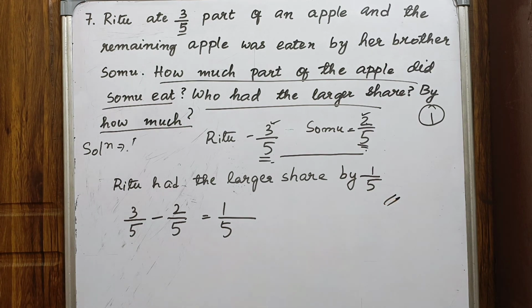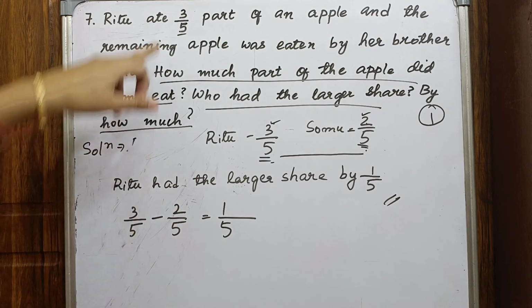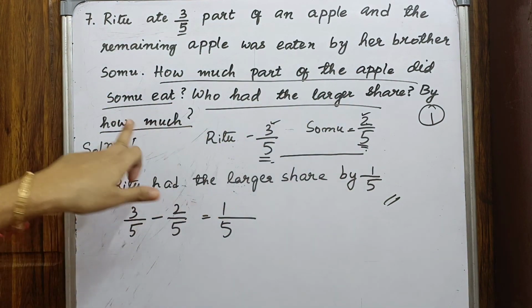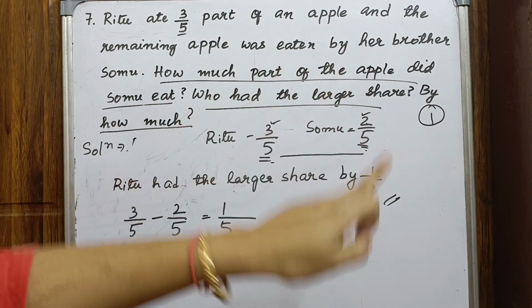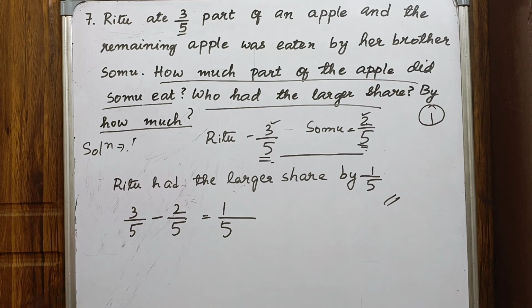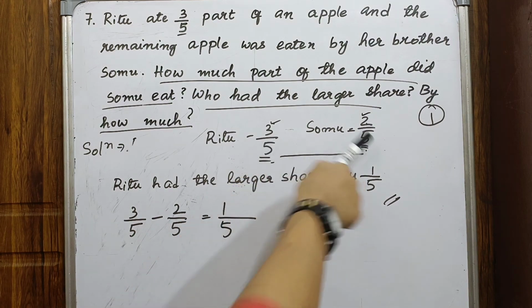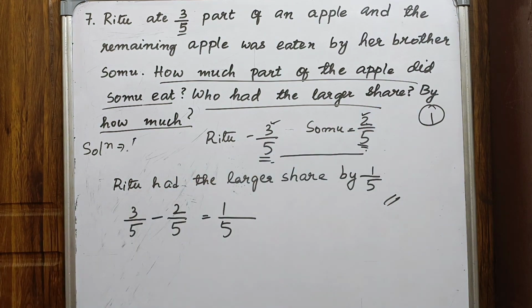I hope this question is clear to you. Everything has been explained properly: we found the part of the apple Somu had eaten, then who had the larger share, and finally by how much.